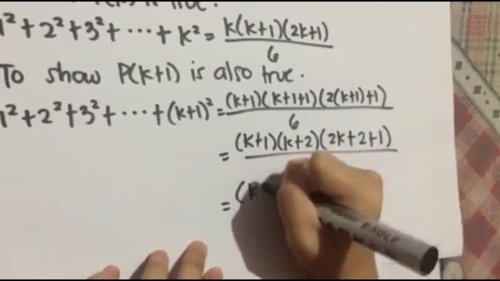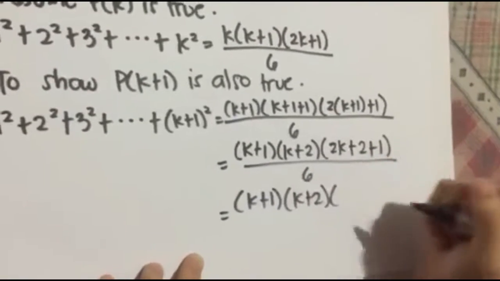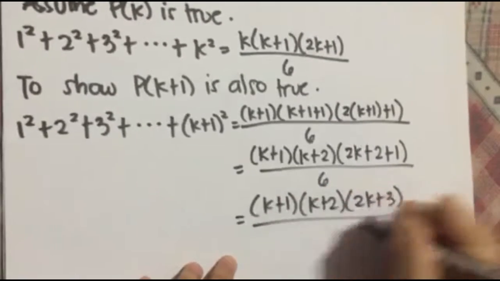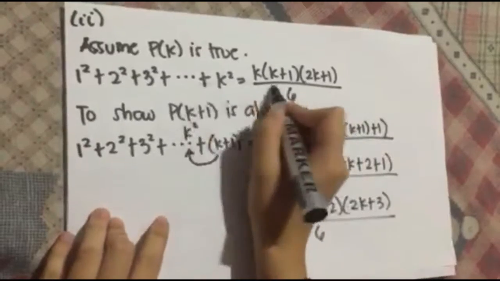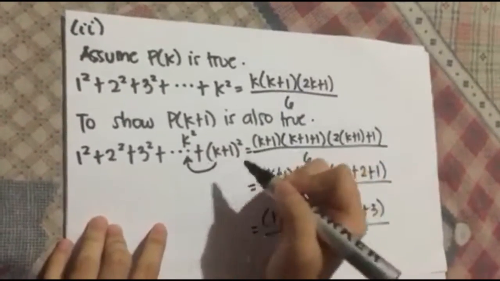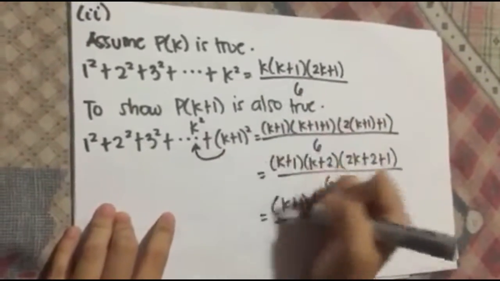This becomes k plus 1 times k plus 2 times 2k plus 3 over 6. We assume here that this is true, and then we showed here that this is also true. So we need this to become like this.